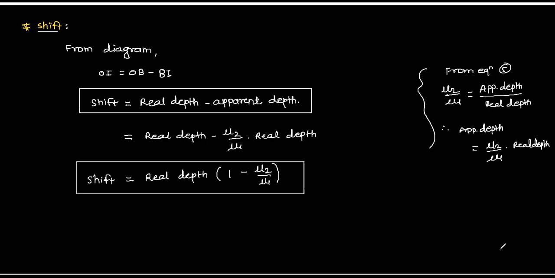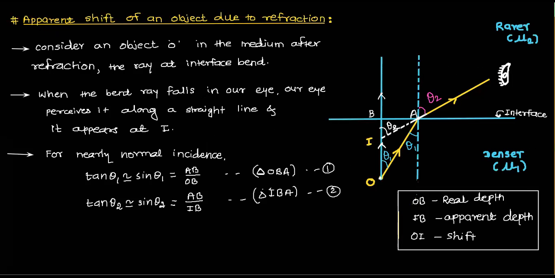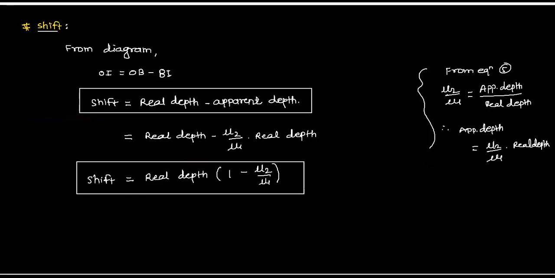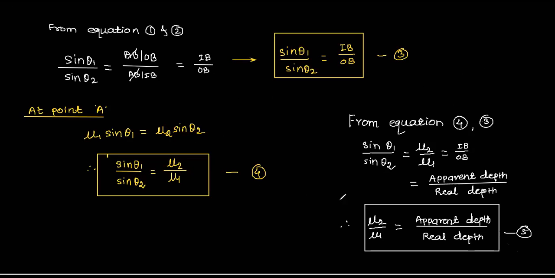Okay, understood? It is just a very small topic, just try to understand. You can do it yourself once the writing part is finished. Here we have taken the object at this point, and when this ray after refraction meets our eye, the eye perceives it as a straight line, and that's why its image appears here. We did the geometry part and found the shift, apparent depth and real depth.